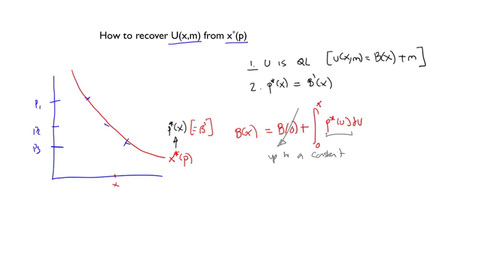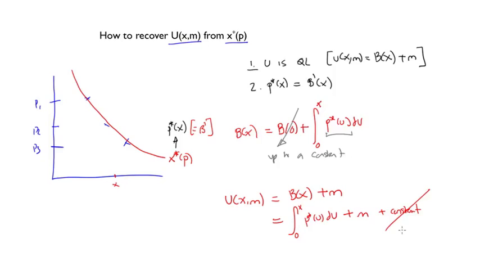So what do we have then? We have that because of the quasi-linearity, U of X comma M, which has this shape, is simply equal to the integral from 0 to x of P star of u du, the inverse demand function, plus M, and plus some undetermined constant that is not going to matter in most cases.